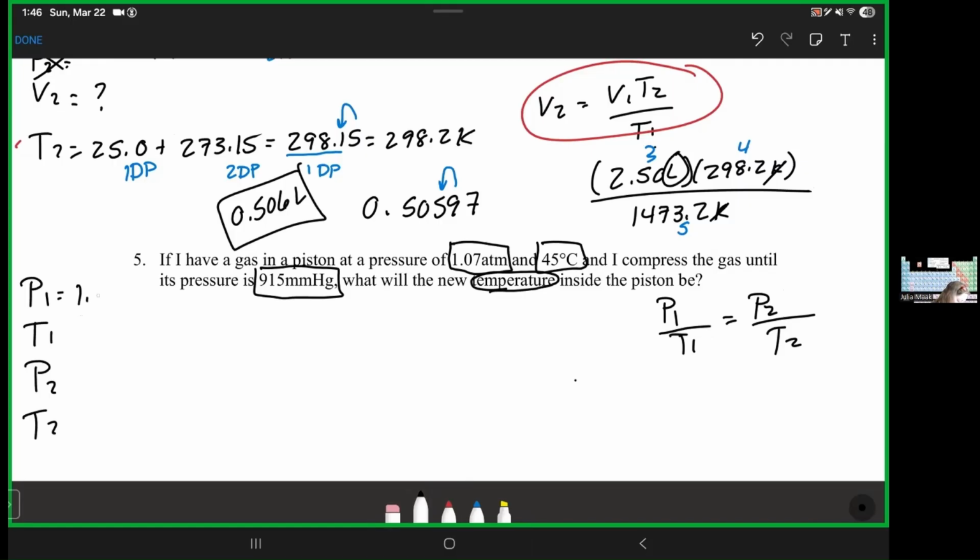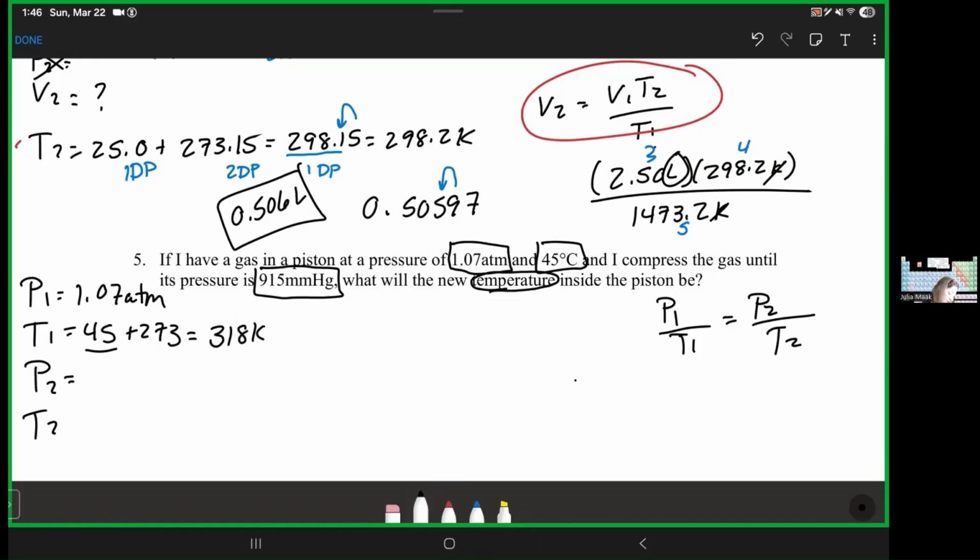My first pressure is 1.07 atm. My first temperature is 45, but I need to add that 273. I don't care about the 0.15 because there are no decimals in my original temperature, so those decimals won't make a difference. When I do that, I get 318 K.